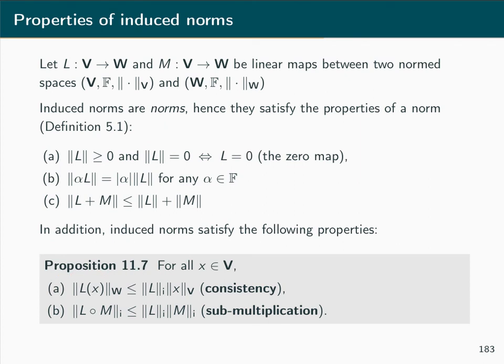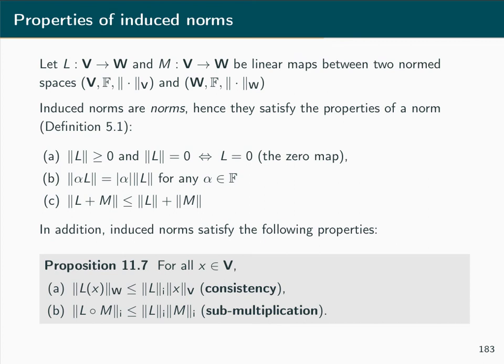A, for any vector x, we have that the norm of L of x is always less than or equal to the induced norm of L times the norm of x. This property is called consistency.